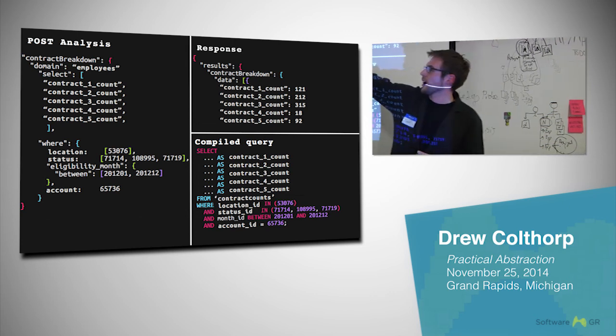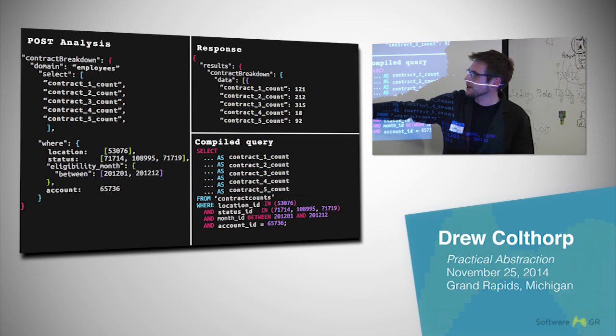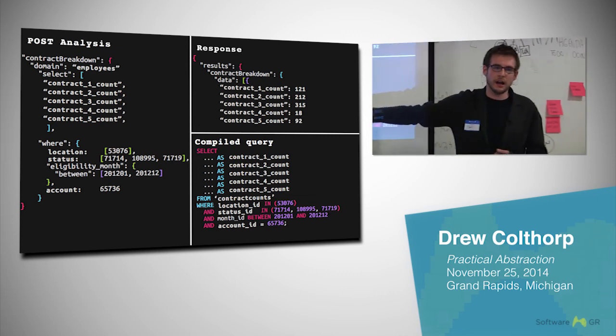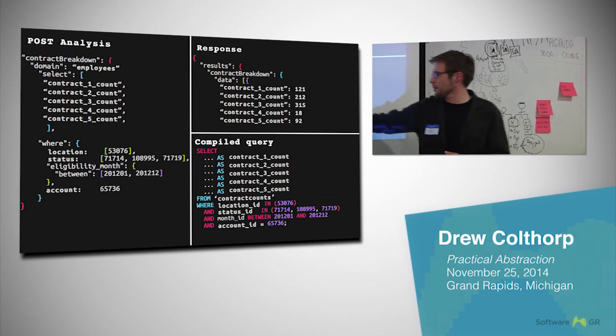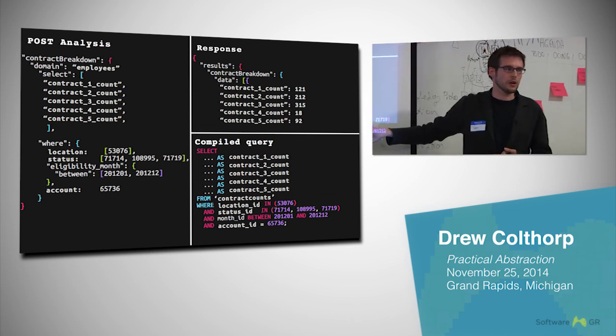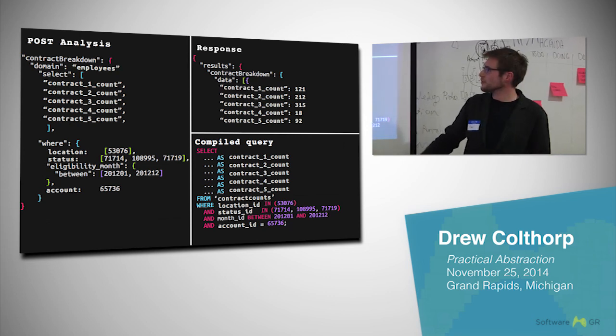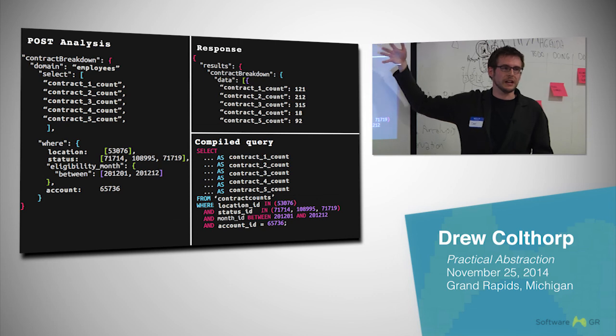Maybe we want the number of people with these different contract counts, and we could express constraints on what we want in this JSON syntax. Basically all that would turn into is a compiled SQL query that would fetch the numbers that we want, and then we'd send back a pretty simple representation of the data that we had requested.